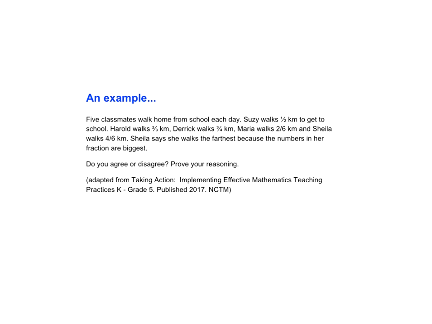Harold walks 2/3 of a kilometer. Derek walks 3/4 of a kilometer. Maria walks 2/6 of a kilometer. And Sheila walks 4/6 of a kilometer. Sheila says she walks the furthest because the numbers in her fraction are the biggest. So the question for the students, do you agree or disagree?